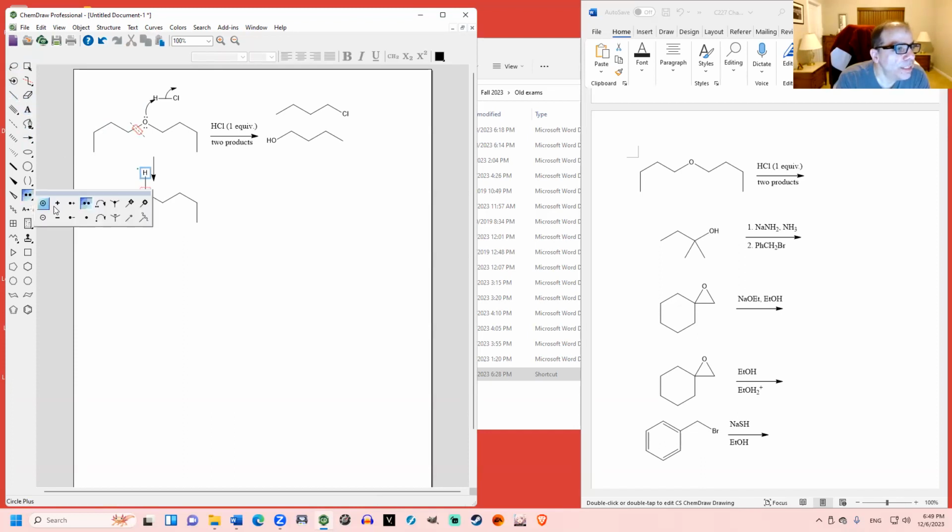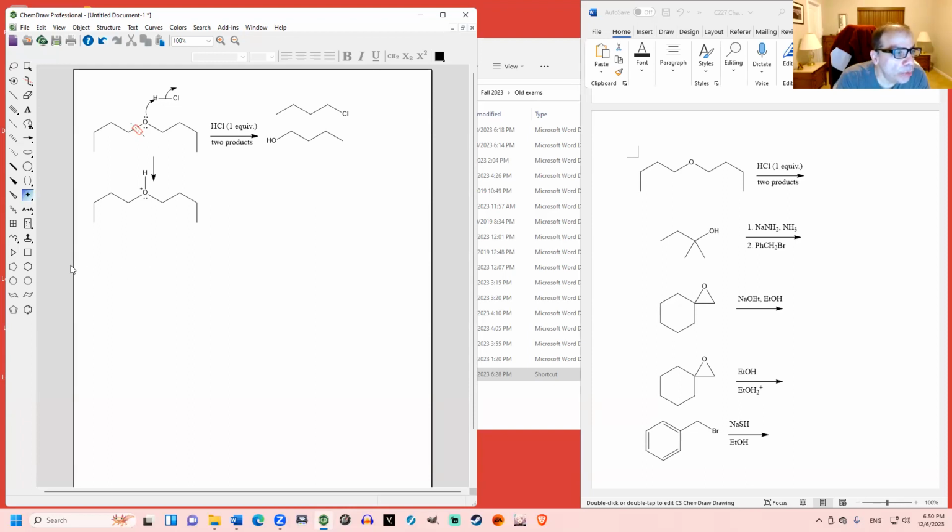So in the next intermediate, the ether is protonated. And you get this intermediate. And this will now react with chloride. Now we have to think, is this going to react in an SN1 fashion or in an SN2 fashion?